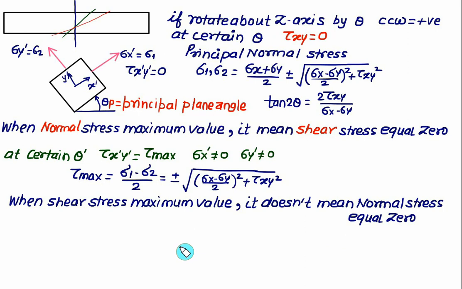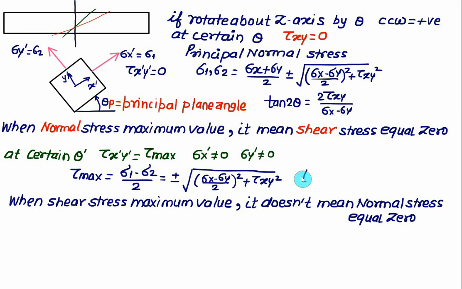So you are able to calculate the value of the principal normal stress using the equation (sigma x plus sigma y) by 2 plus minus under root of ((sigma x minus sigma y) by 2) whole square plus tau xy square. And you can calculate the principal plane as tan of 2 theta p equal to 2 times tau xy upon (sigma x minus sigma y).